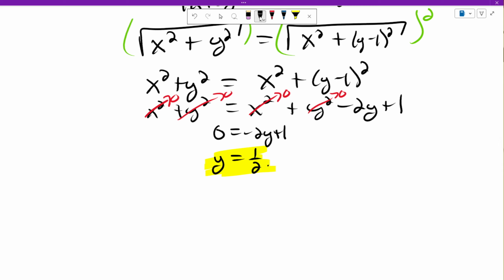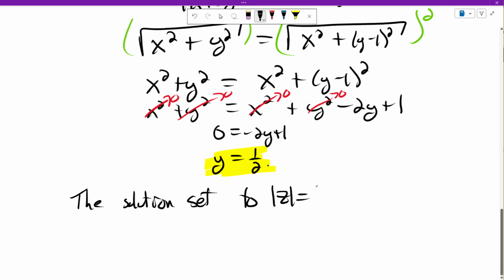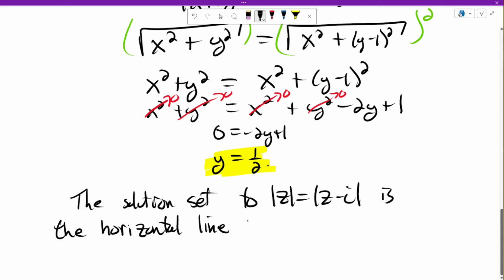We have our set theoretic, if you like, algebraic description. And then we can also even just say, just to be very clear, the solution set to the modulus of z is the modulus of z minus i is the horizontal line y equals 1/2.